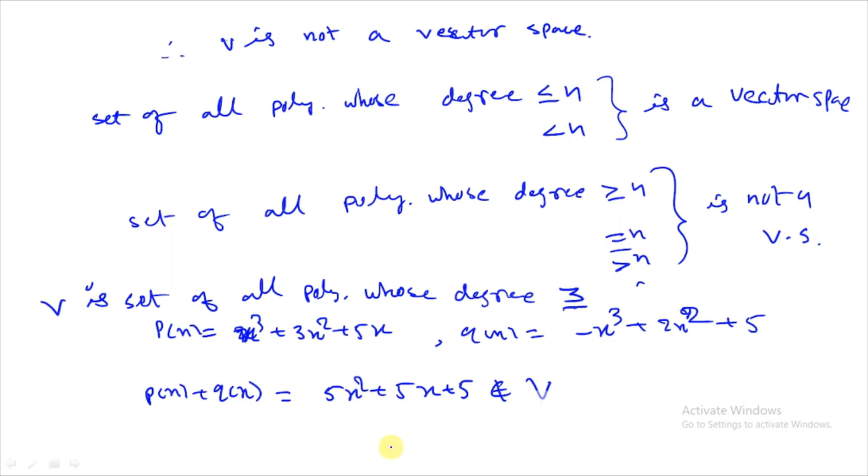This does not belong to V. That means it's not closed. Not closed means it fails vector addition. Therefore, V is not a vector space.